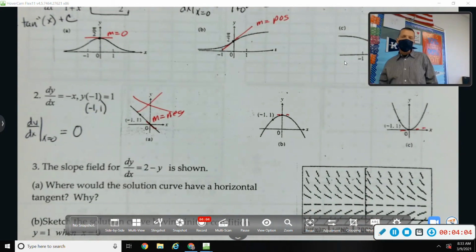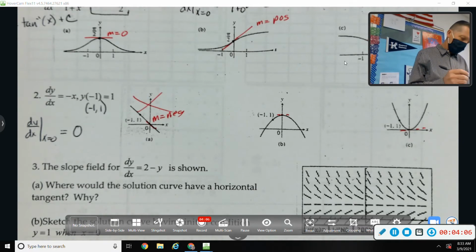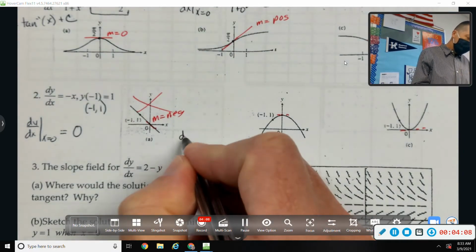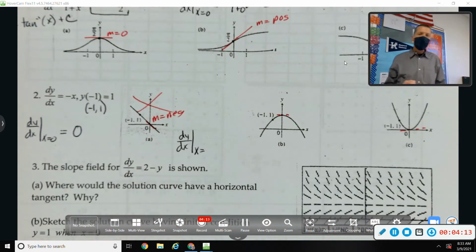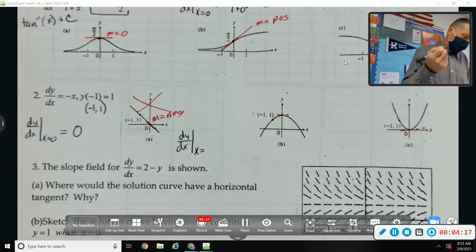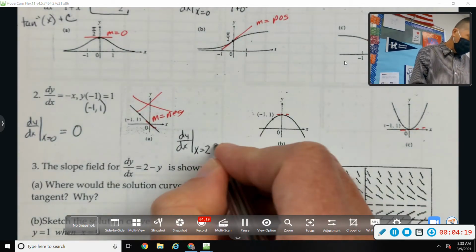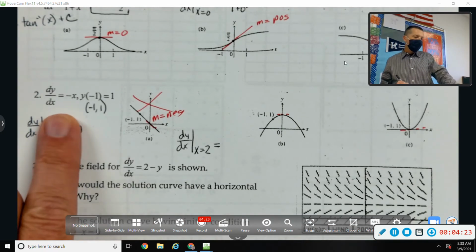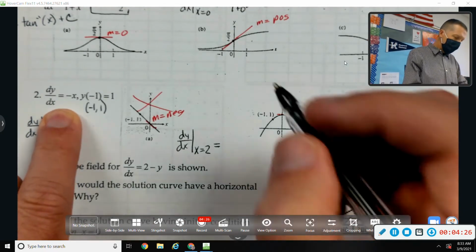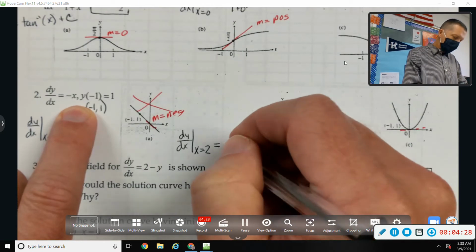So let's pick a different point to check the slope at. dy/dx at x equals, what do you want to pick? 2? 2 works for me, so let's check the slope at 2. If I plug in x equals 2, I get negative 2.